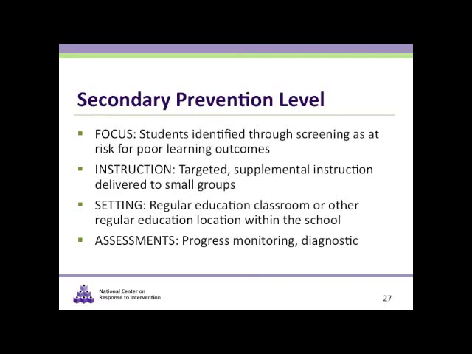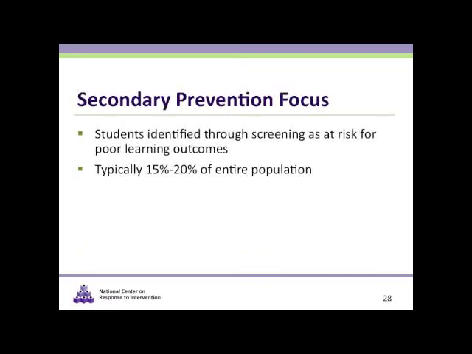And again, this also occurs in the regular education classroom or some other regular education location in the school. There are assessments that are associated with this level of support, progress monitoring, and diagnostics. The focus for secondary prevention is on students identified through the screening as at risk for poor learning outcomes. This is typically between 15 to 20% of the entire population.